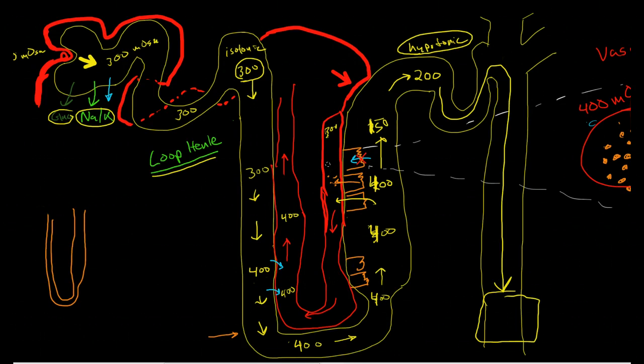So now the 400 is concentrated to 600, and this 600 is carried down in the countercurrent through the vasa recta, and then we have further increase in the tubule, right? So now we've increased it to 600.